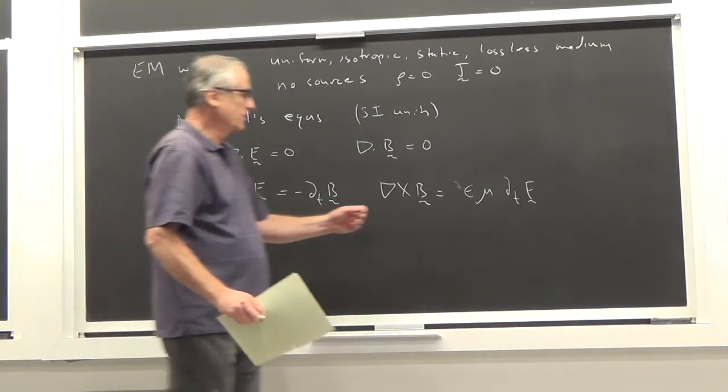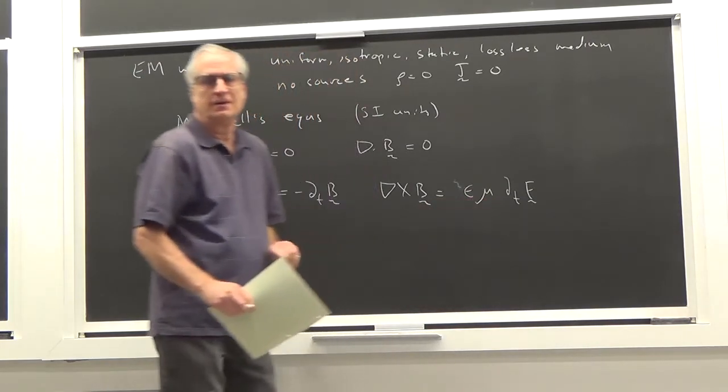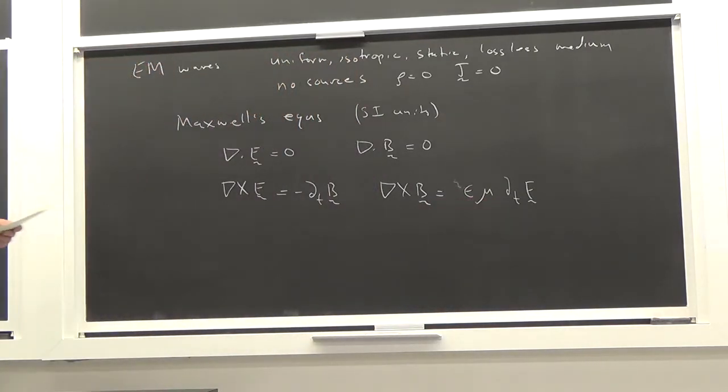So if this were in a vacuum, this would be epsilon naught and mu naught, which are just two constants that are, well, they're actually derived constants nowadays, I guess, in SI units.